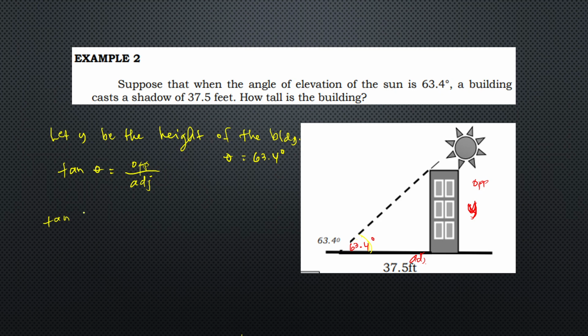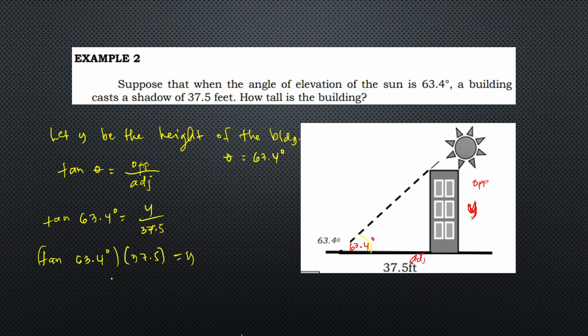So tangent 63.4 degrees is equal to y, because y is the opposite. Adjacent is 37.5. And cross multiply lang. Tangent 63.4 degrees times 37.5 equal to y.